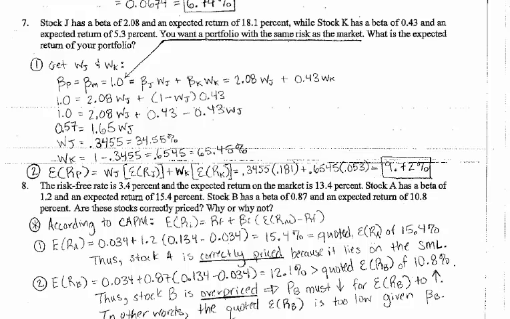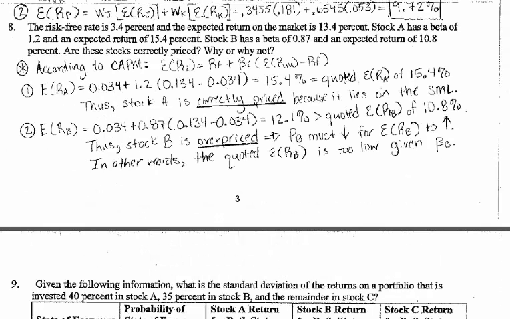So this is a really good problem that teaches you that the beta for the market is 1, and that the equations for the expected return for a portfolio and for the beta of a portfolio both are adding up the weighted components for the portfolio, whether that's the beta or the expected return.